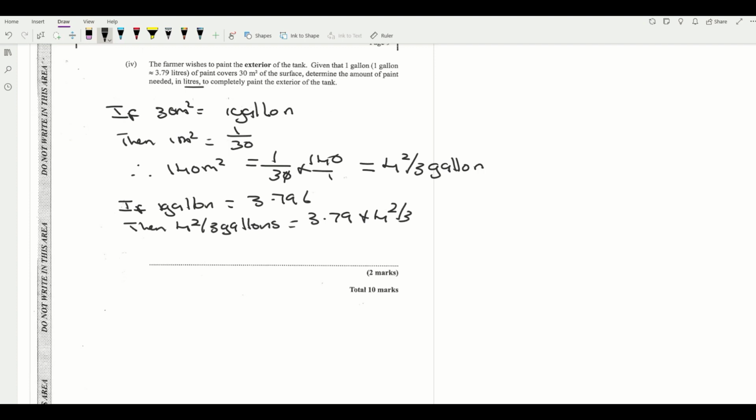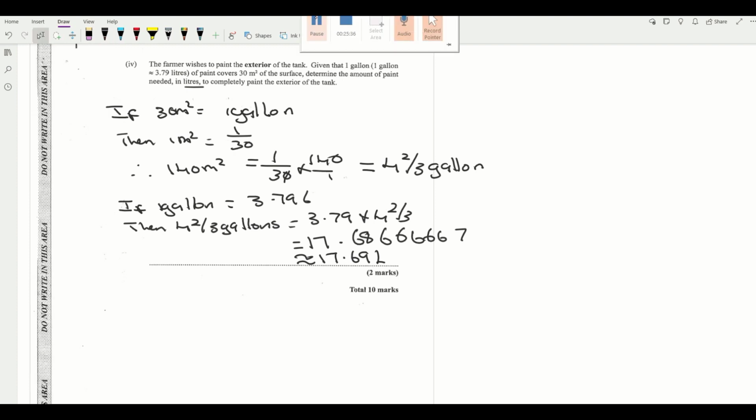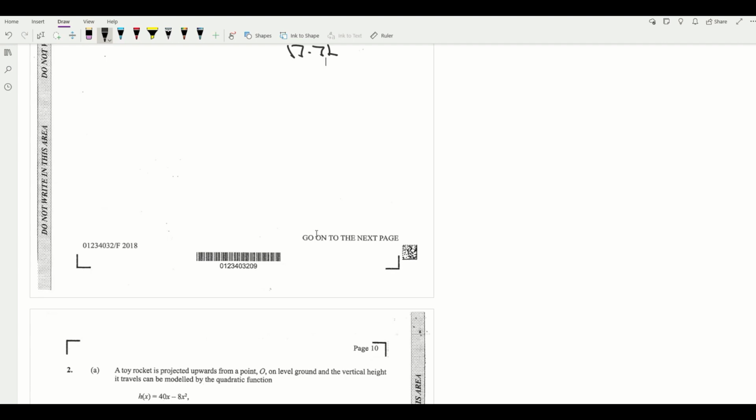Multiply by 3.79, which is equal to 17.68666666, and it has a 7, right? So that is approximately 17.69 liters you need to paint the exterior of your tank, to 2 decimal places. Or you could say 17.7 liters, to 1 decimal place, and that would be your answer.